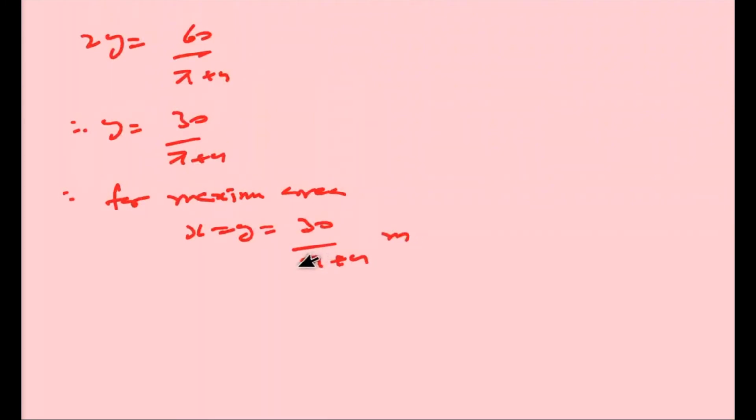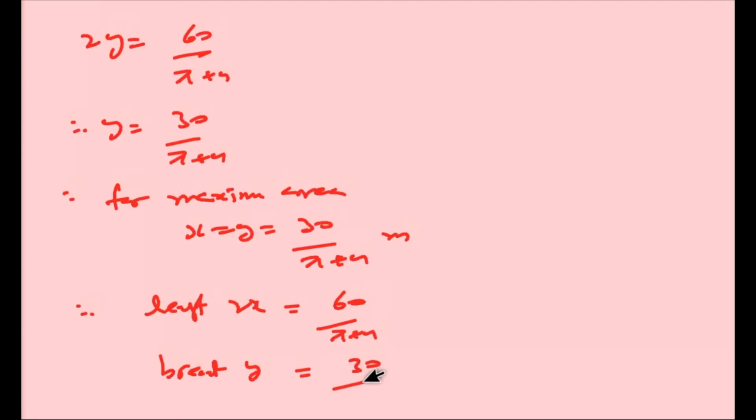Now in the question it is given that find the dimensions, hence length 2x is equal to 60 upon pi plus 4, breadth y is equal to 30 upon pi plus 4, and radius equal to x equal to 30 upon pi plus 4 meter.